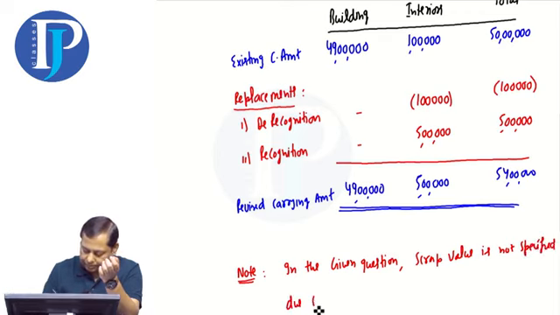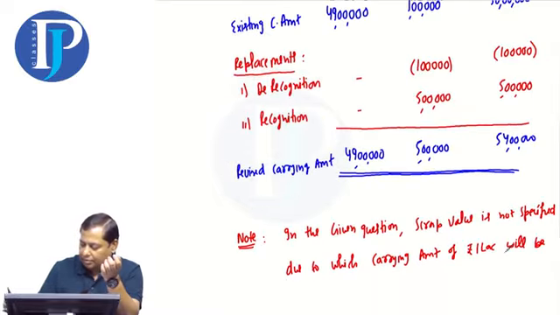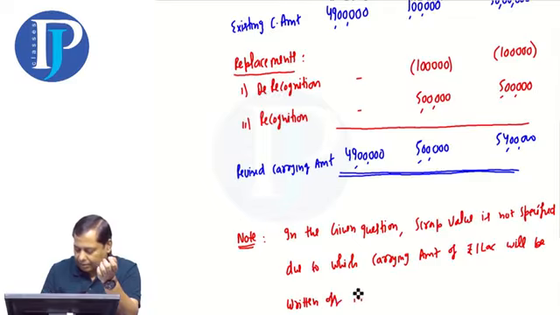Due to which, carrying amount of 1 lakh rupees will be written off in profit and loss as loss on replacement.